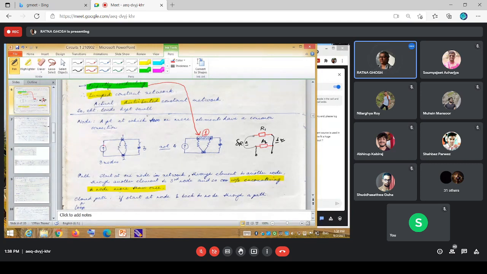In this, if I'm traversing from here, I can go from here to here. Then I can go from here to here. Then through this element, then through this element.